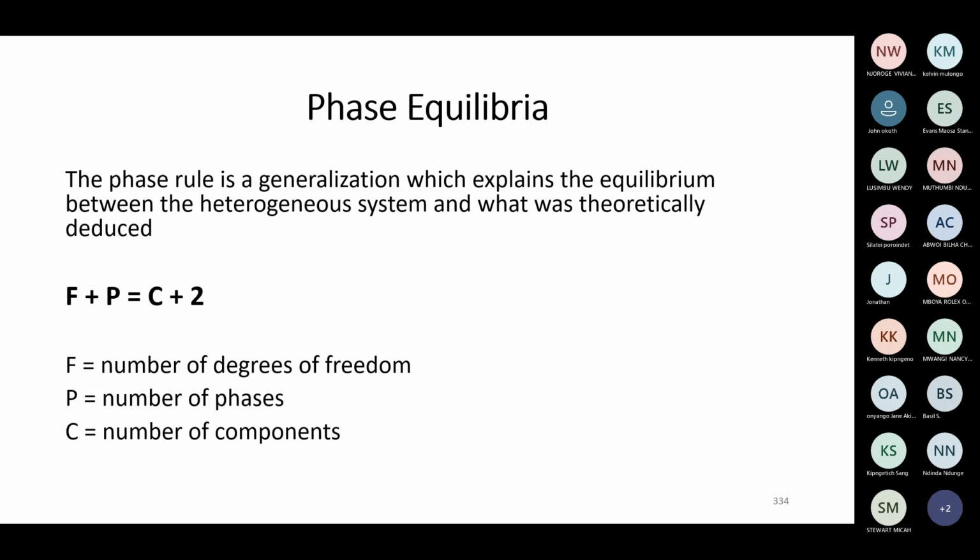So this phase rule is a generalization which explains equilibrium in a heterogeneous system. Okay, that is F plus P equals C plus 2.